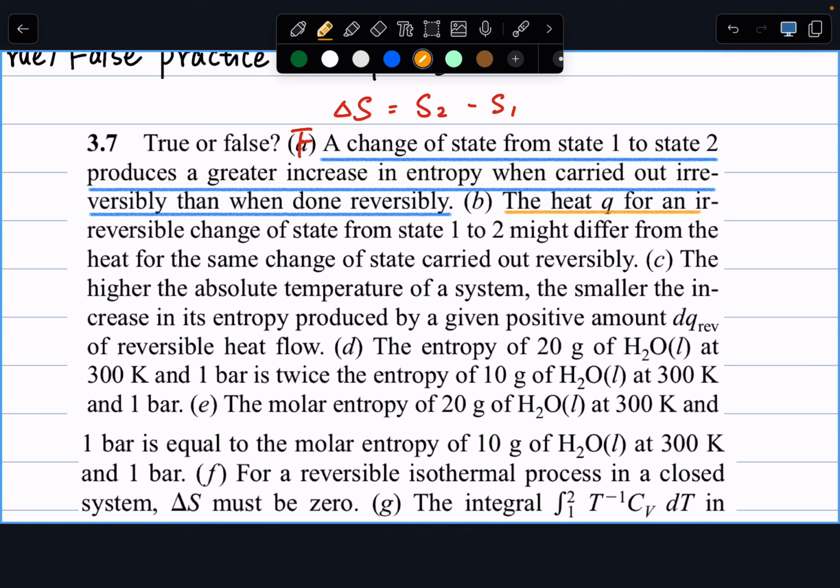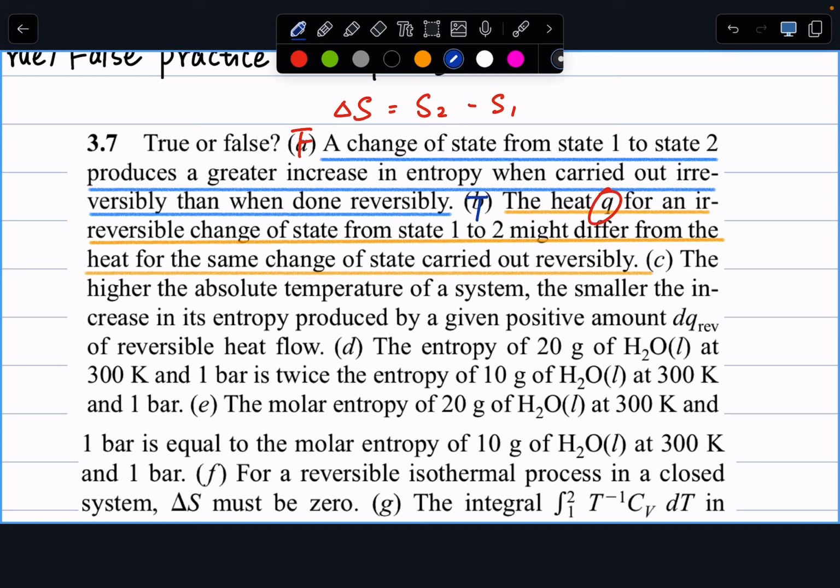the heat Q for an irreversible change of state from state 1 to 2 might differ from the heat for the same change of state carried out reversibly. All right, so now instead of talking about delta S, we're talking about heat. So in here, heat is our line integral.